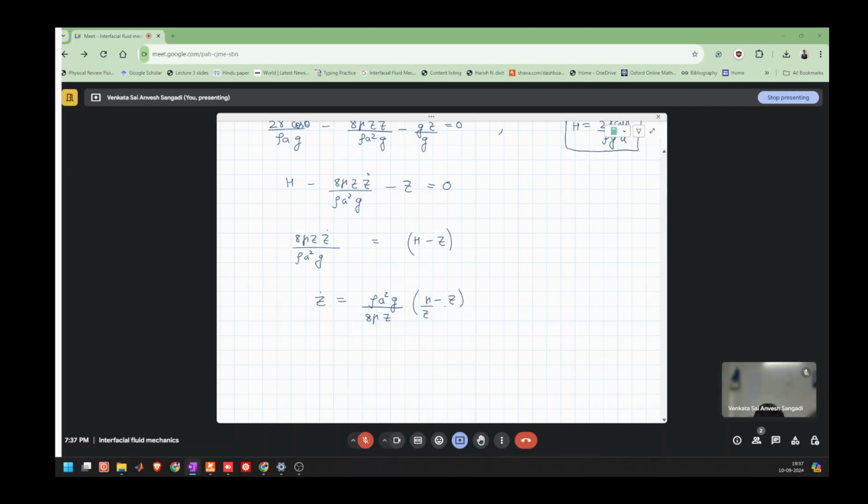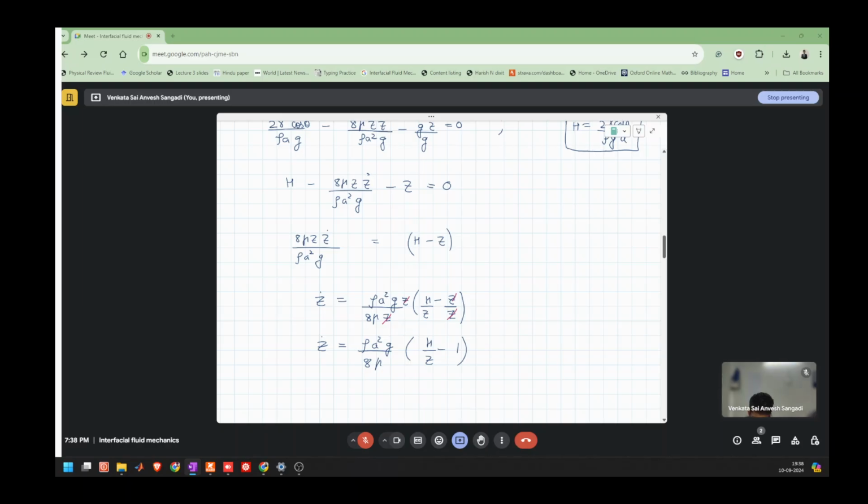Taking z common, now we have z dot is equal to rho a square g by 8 mu into h by z minus 1.